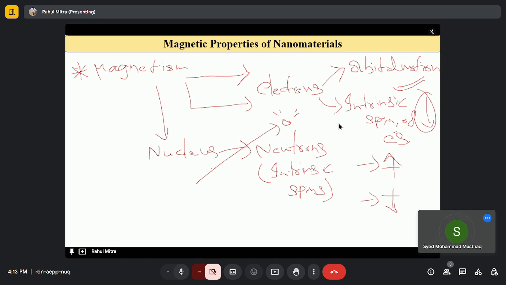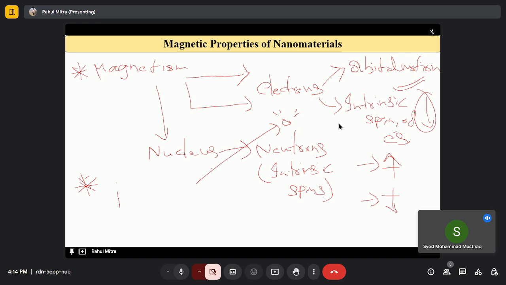Now, what quantity do we define for the movement of electrons? We define a term called magnetic moment. Let's follow the orbiting of an electron in an orbit, for simplicity, to understand.